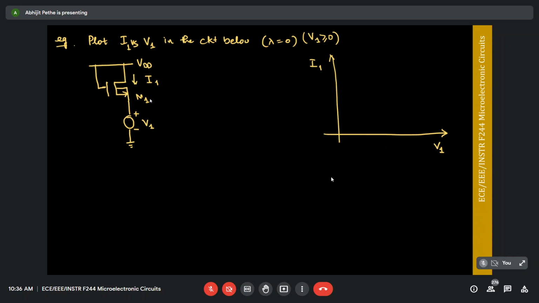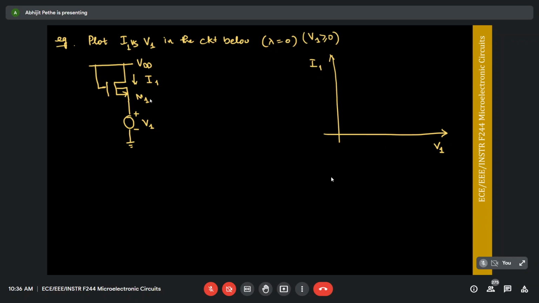Where is accumulation? Because V1 would be higher than VDD. Who says there's no channel? V1 is higher than VDD? Sir, if V1 is 0, then current will flow in the transistor. Eventually, as we raise V1, it will go from being in saturation to being in the linear region, right? No. Since V1 is a source voltage, no.